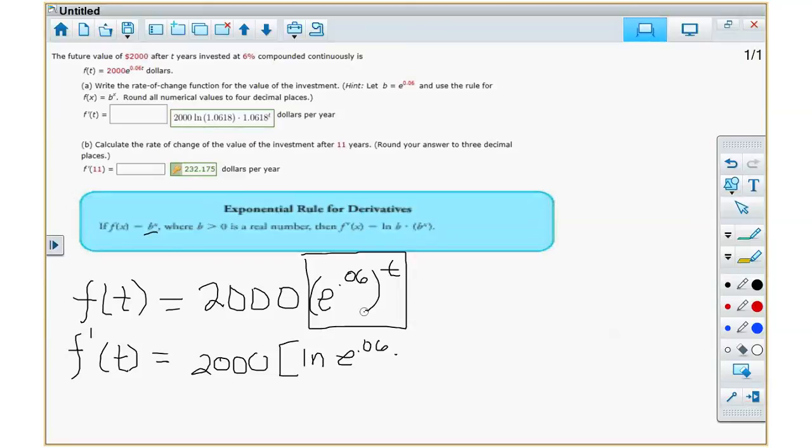Well, what is b to the x? B to the x is this function right here, which is e to the 0.06 t.